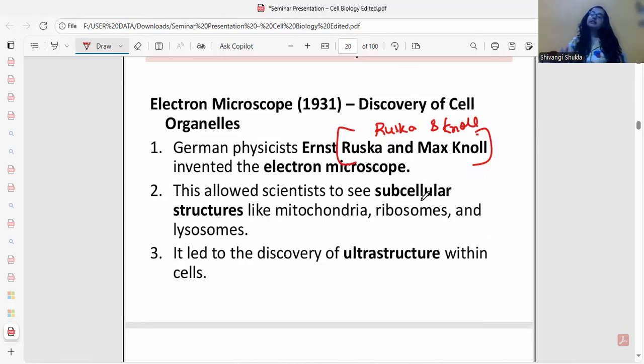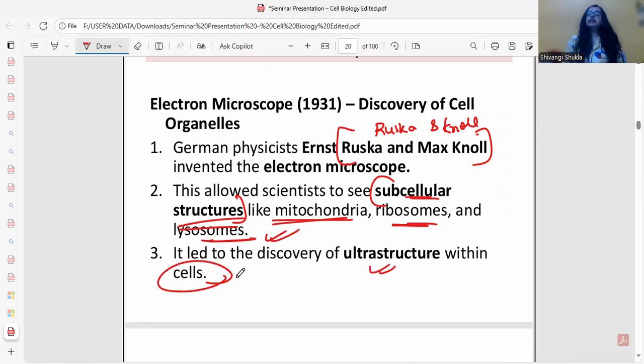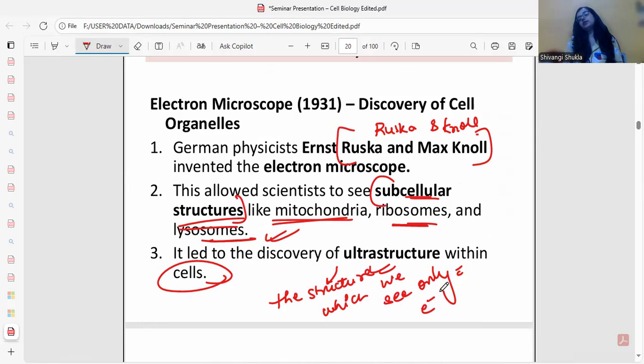This allowed scientists to see subcellular structures like mitochondria, ribosomes, and lysosomes. So it led to the discovery of ultrastructure within cells. The structures which we are not able to see with the normal microscope are called ultrastructure. See, only with the electron microscope.